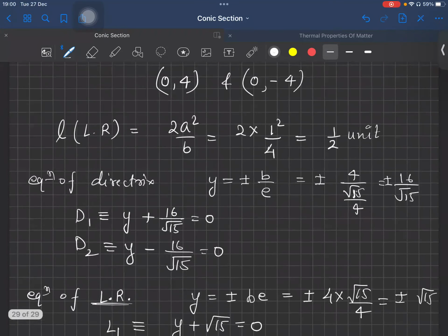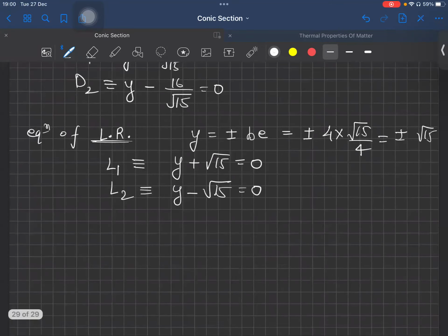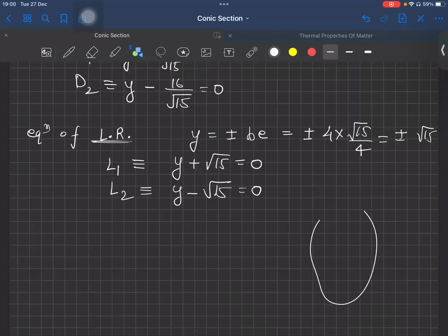Now, if I ask you to draw the ellipse, you can simply draw the ellipse. So this ellipse will look something like that. Now its center is on the origin.